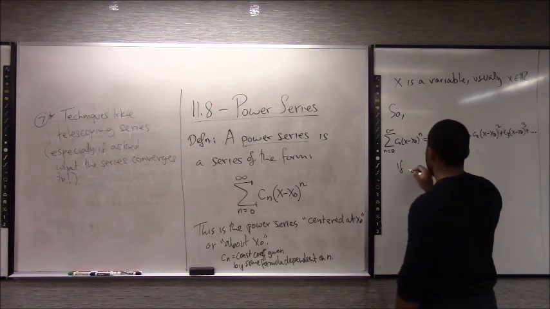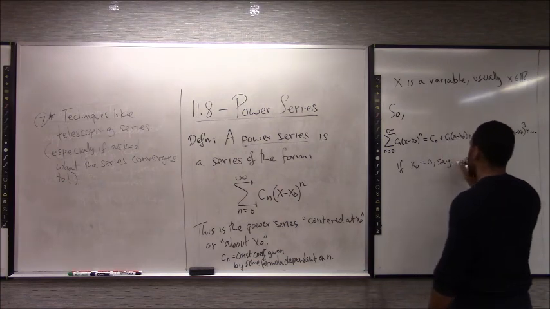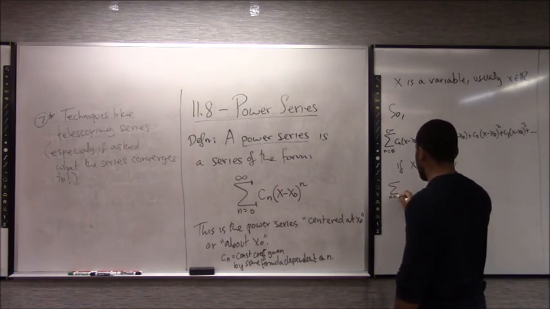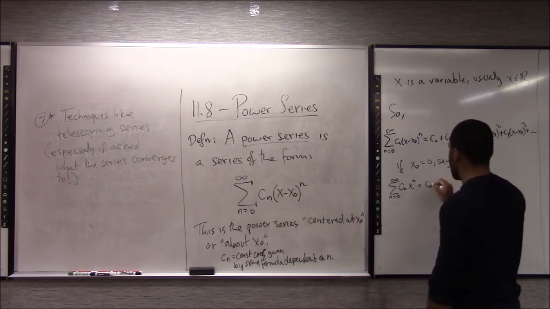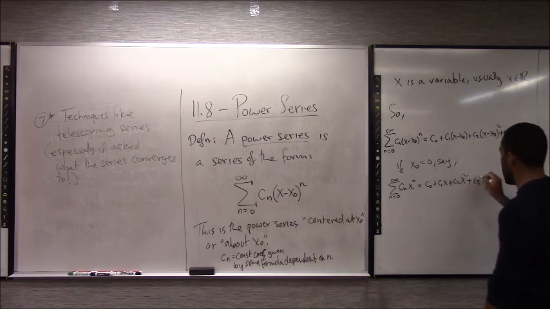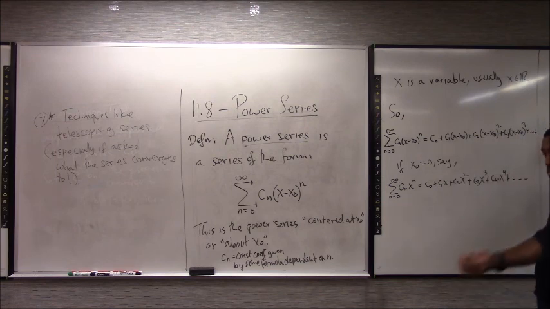If x naught equals 0, say, so a power series centered at 0, this would look like the sum from n equals 0 to infinity of Cn x to the n, which is C naught plus C1 x plus C2 x squared plus C3 x cubed plus C4 x to the fourth plus, which reminds you of what? Geometric series.